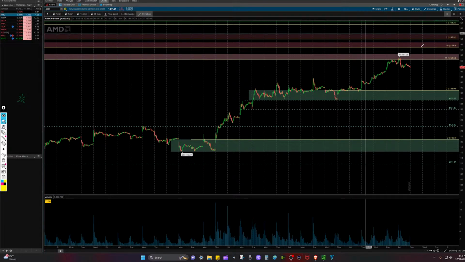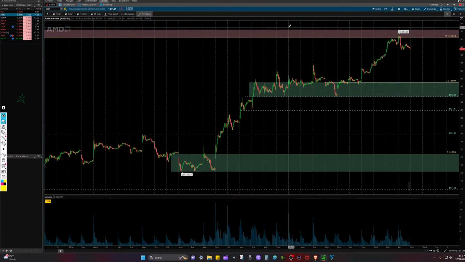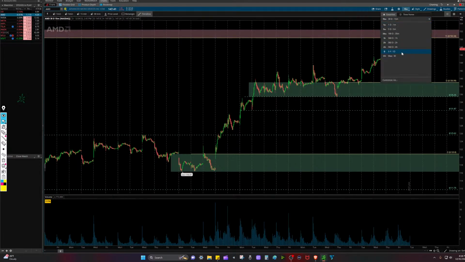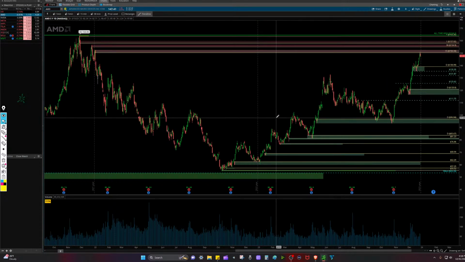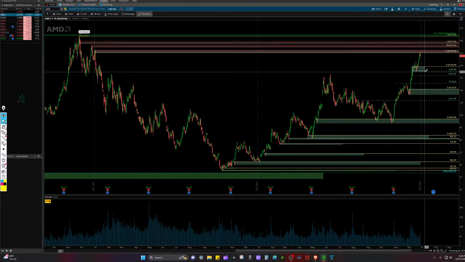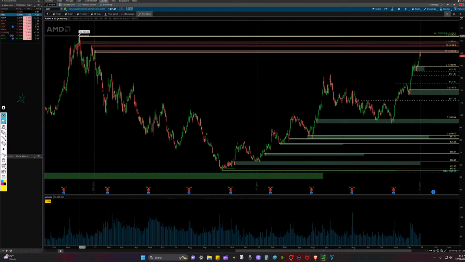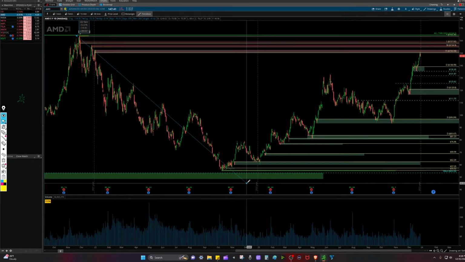Been talking too much, but I really want you guys to understand how these supply zones, market structure, support, resistance come all in one package.